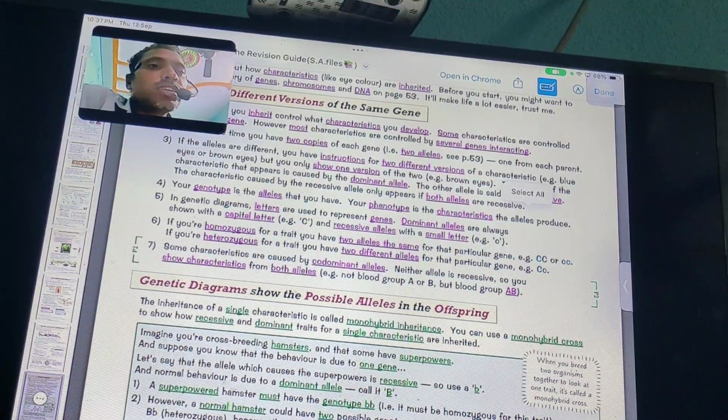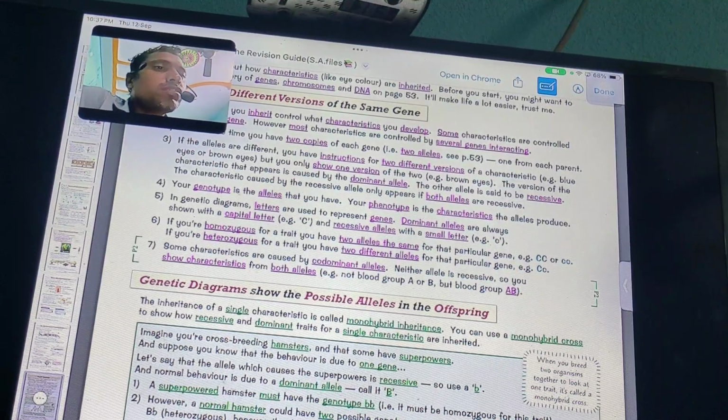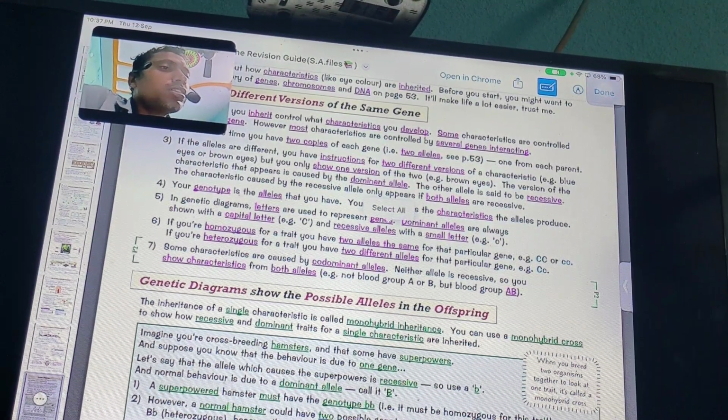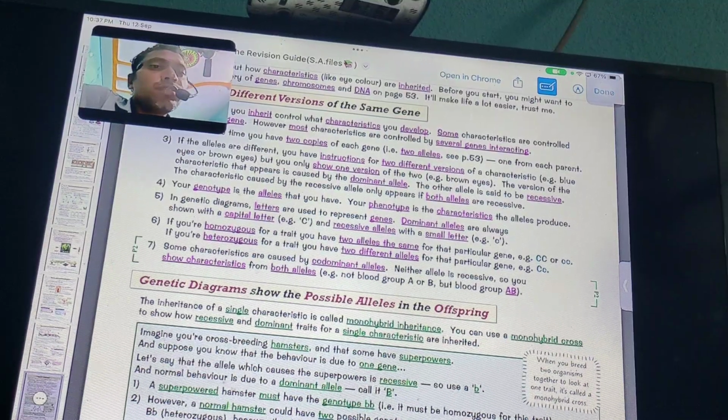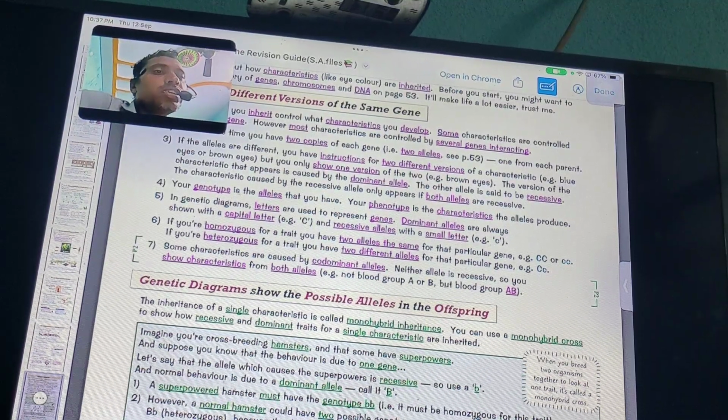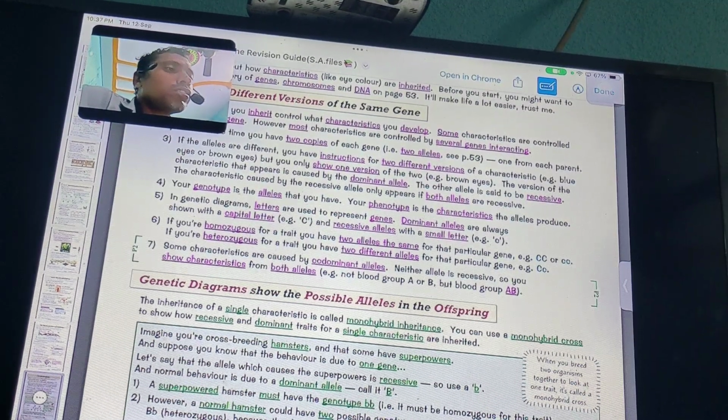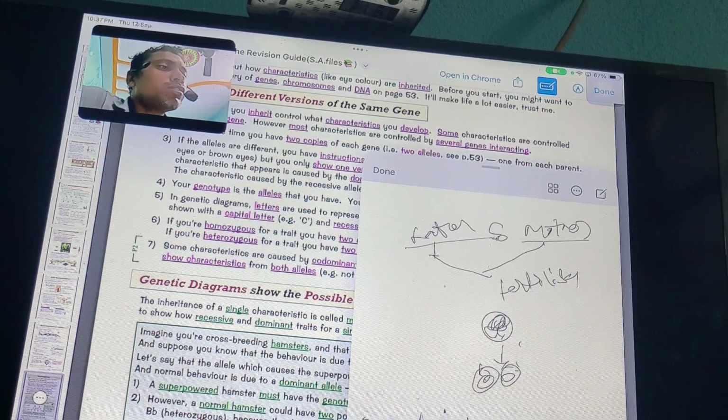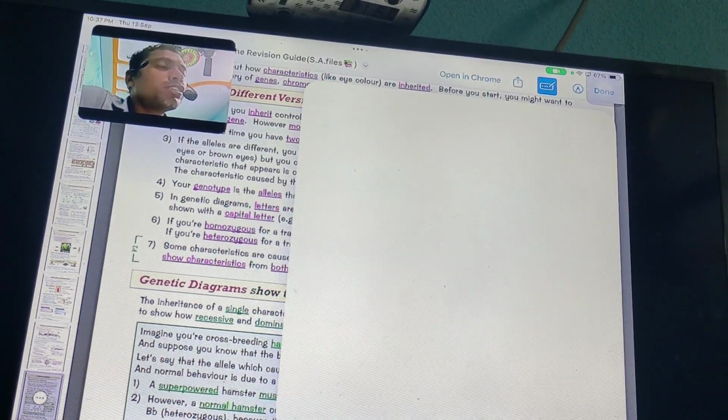In genetic diagrams, letters are used to represent genes. The dominant allele is always shown with a capital letter, such as C, and the recessive allele with a small letter.